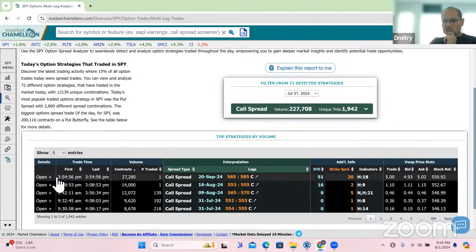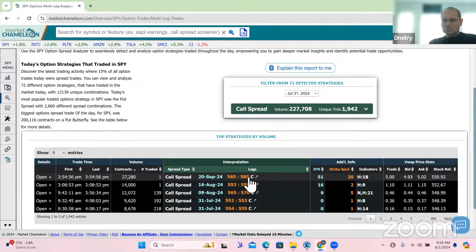So you could see here, the top one, 27,280 contracts, traded between 350 and 456. It was one trade, but the call spread was in September 20th with the 565, 585 strike, right? So that's a call spread, September 20th, 565, 585 strike.